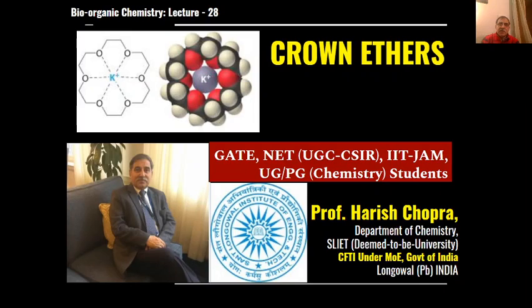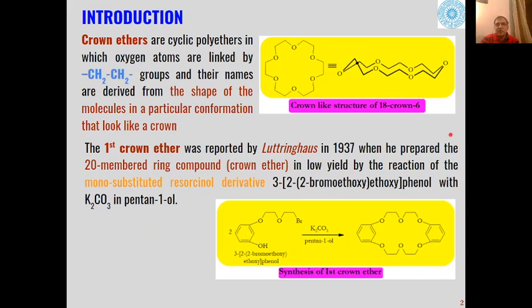This is our 28th lecture on bioorganic chemistry, and today we will discuss crown ethers. Crown ethers are cyclic polyethers in which these oxygen atoms are linked by CH2 groups, two methylene groups.